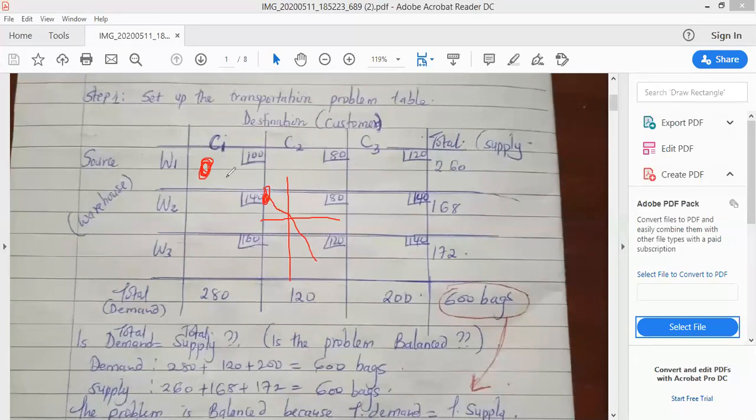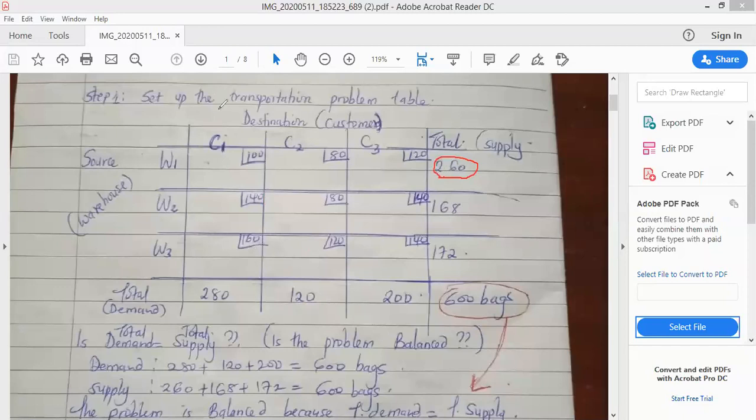If I were to assign some units to this cell, how many would I assign? Remember, you try as much as possible to satisfy the requirement, but you also evaluate whether you have exhausted the amount given. This cell is going to source units from source W1, and the amount available from W1 is 260 units.